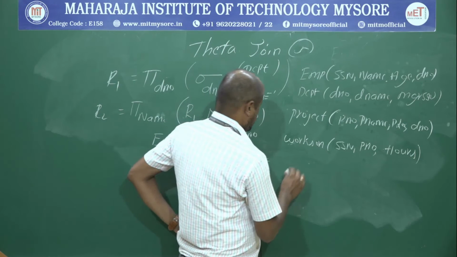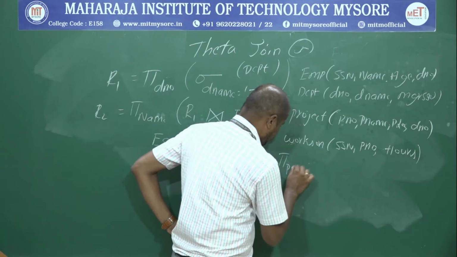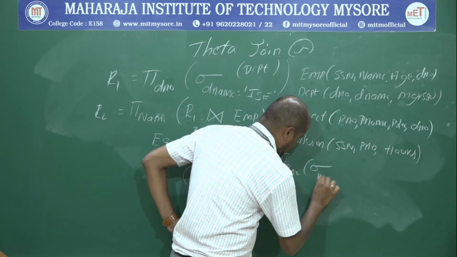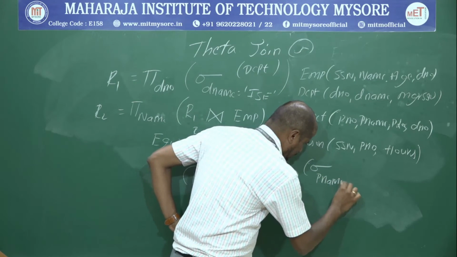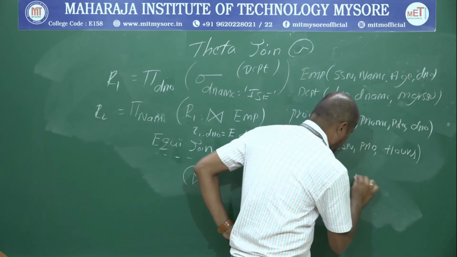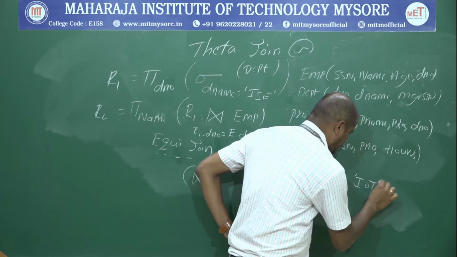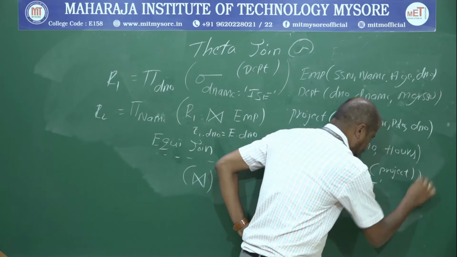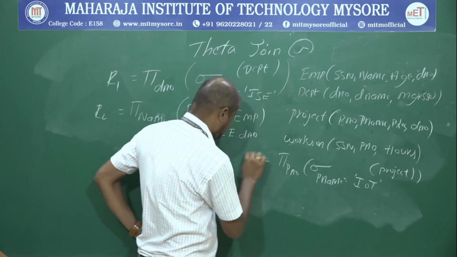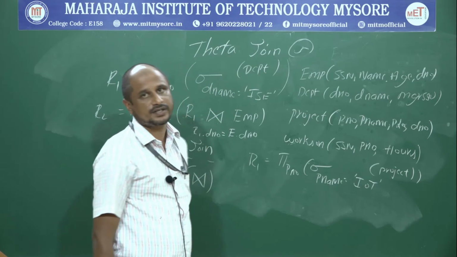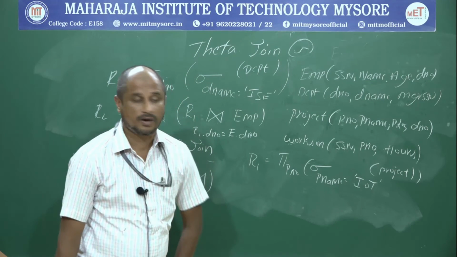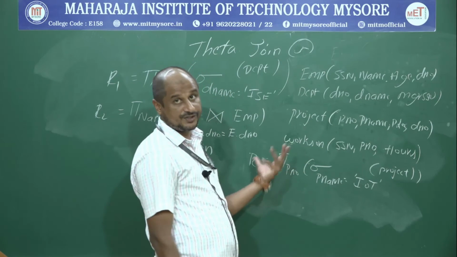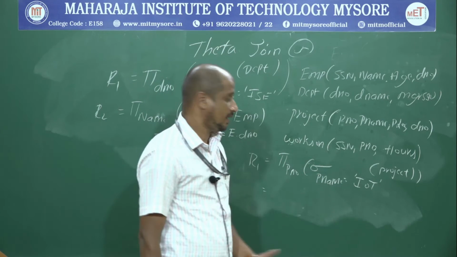Okay, so I am retrieving P number, P name, that is IoT, from the project table.